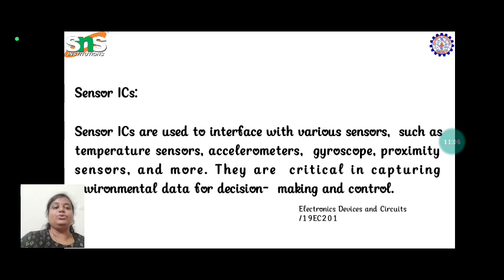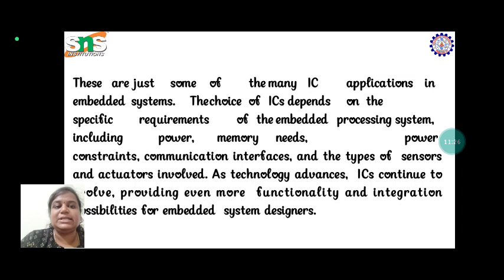Like that, I have to use some sensors. These ICs are used to interface with various sensors such as temperature sensor, gyroscope, proximity sensor and more. They are critical in capturing environmental data for decision making and control. So for this purpose only we are using the sensors.